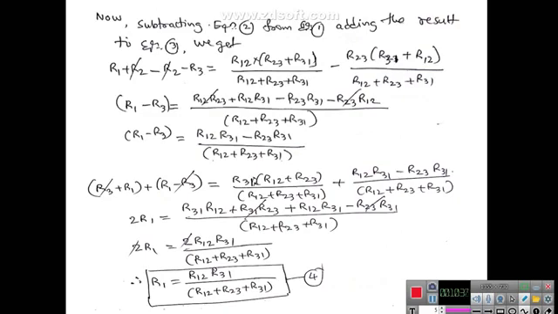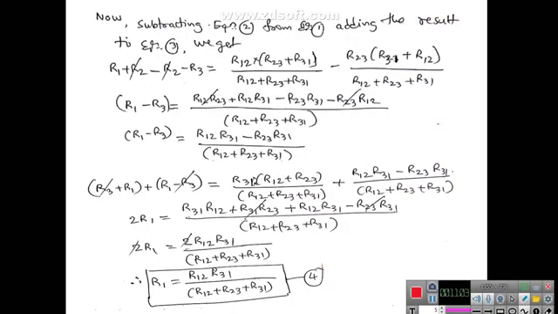So if you simplify, what happens? R1 minus R3: if you expand this, R1 into R23, R1 into R31, because the denominator is the same, I will write the denominator once, and the next terms are minus R23 R31 minus R23 R12.